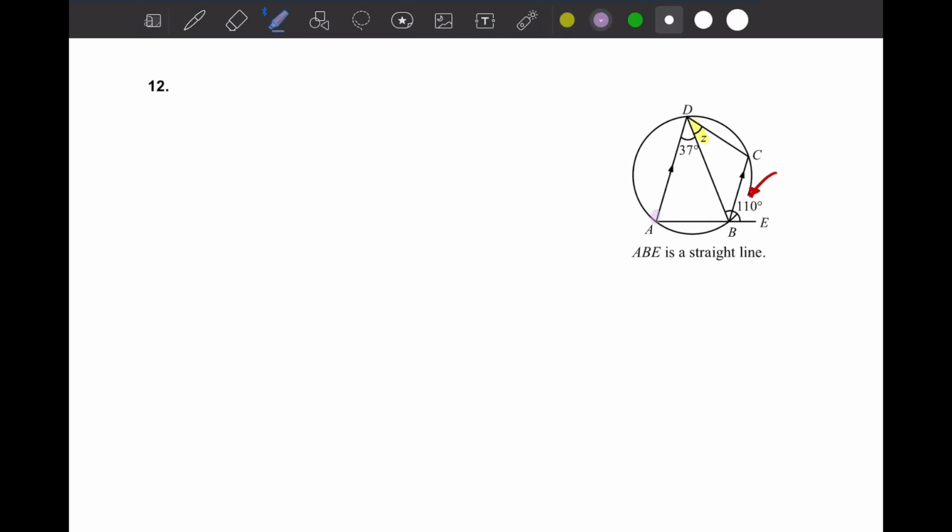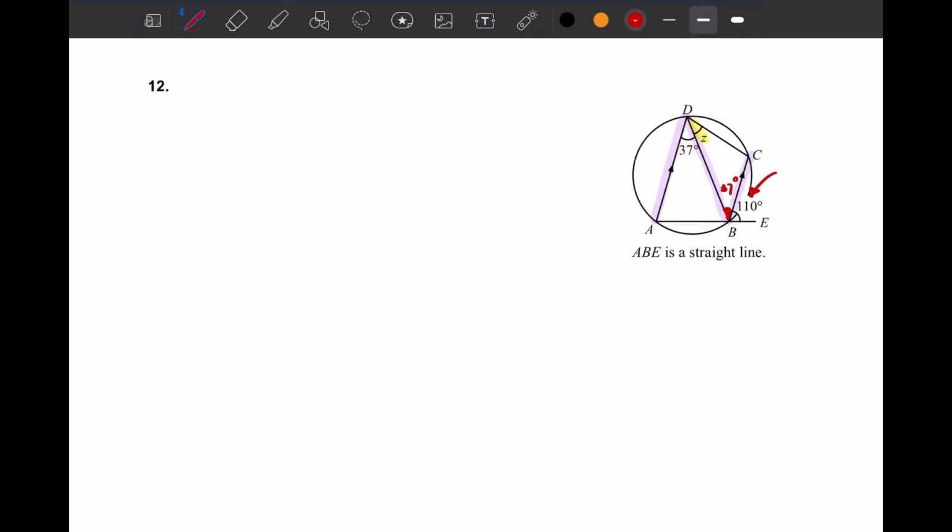We've got a parallel line again, and we've got a set shape. So we somehow know that we can use alternate angles, parallel lines, to find that this little one here is 37 degrees.